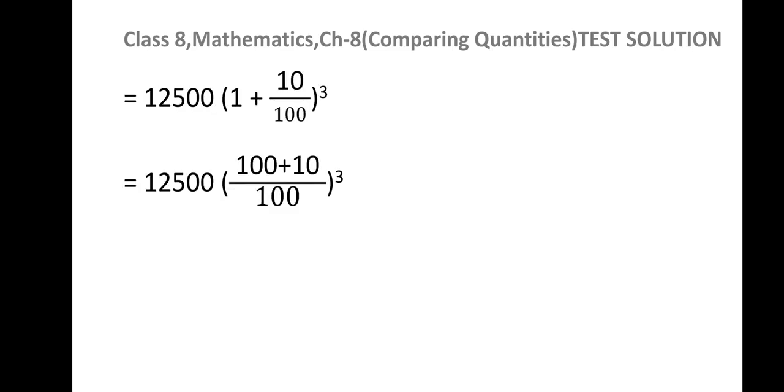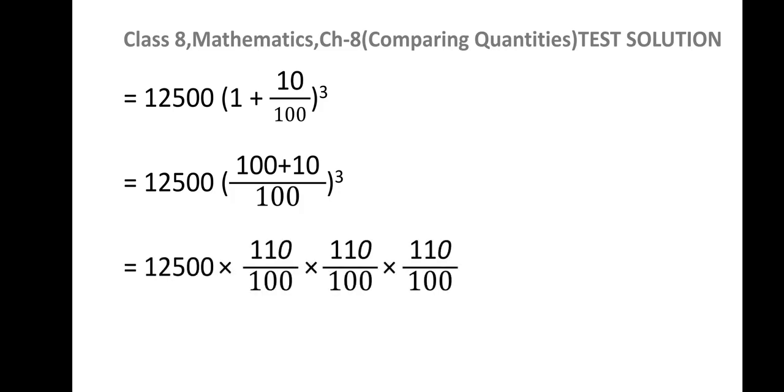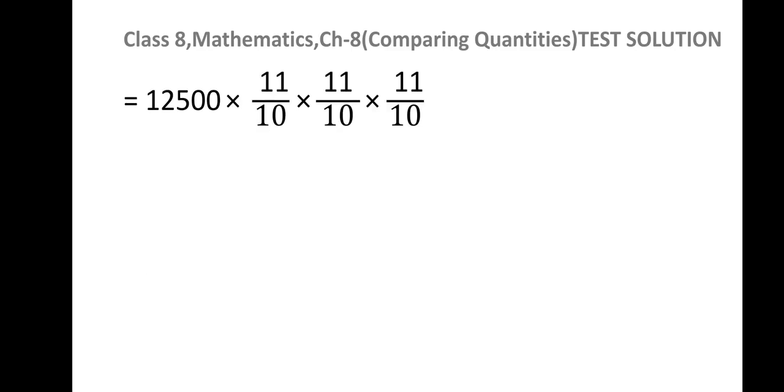That will be equal to 12,500 bracket 1 plus 10 over 100 raised to the power 3. When you solve the bracket, you get 12,500 bracket 100 plus 10 over 100 raised to the power 3. So it will be written thrice, 110 over 100 into 110 over 100 into 110 over 100 into 12,500.